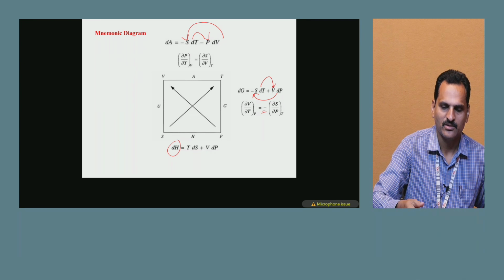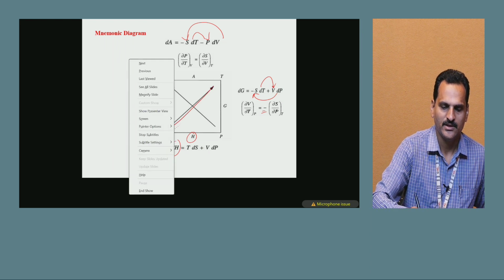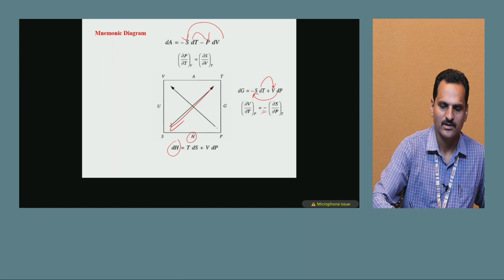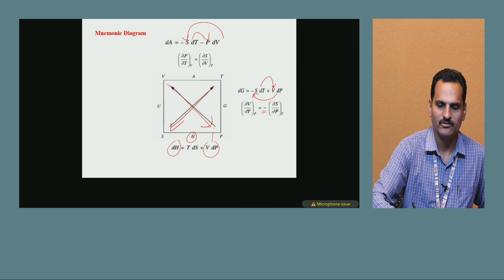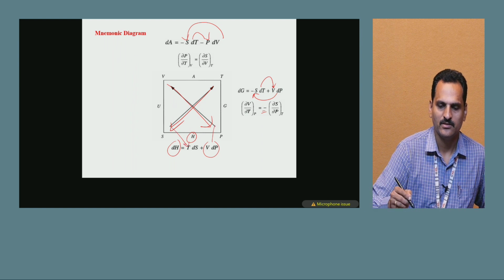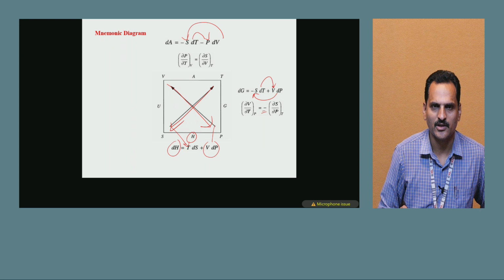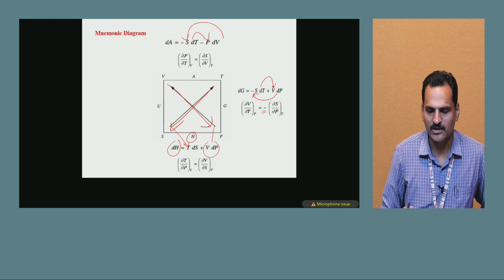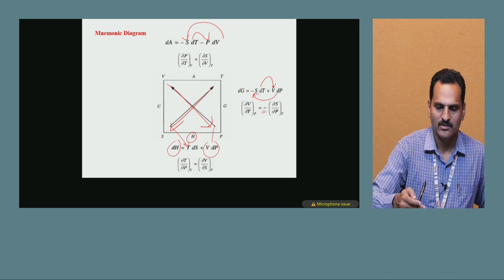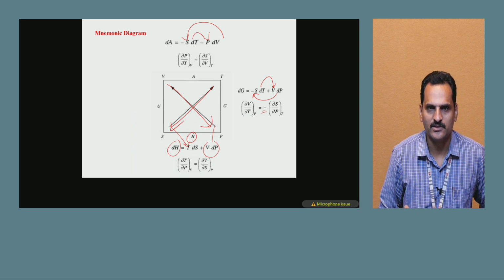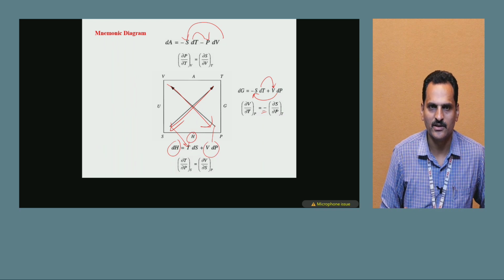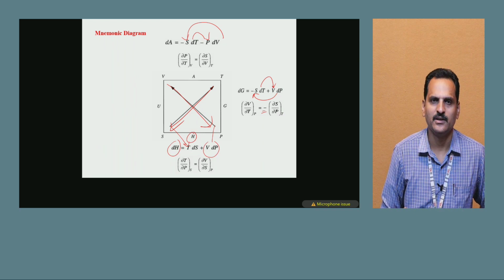So dH is equal to plus TdS and the opposite is VdP. Okay, now let's write down the Maxwell equation for this one. So dou T by dou P is equal to dou V by dou S. This is the simple Maxwell equation for the enthalpy fundamental property equation.